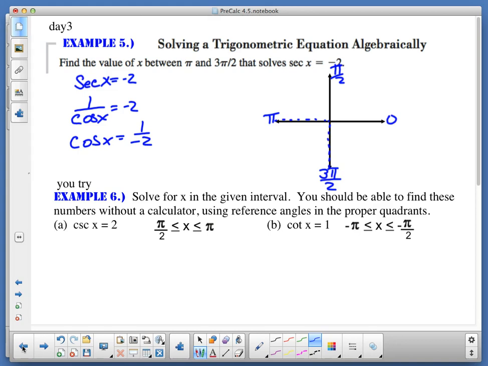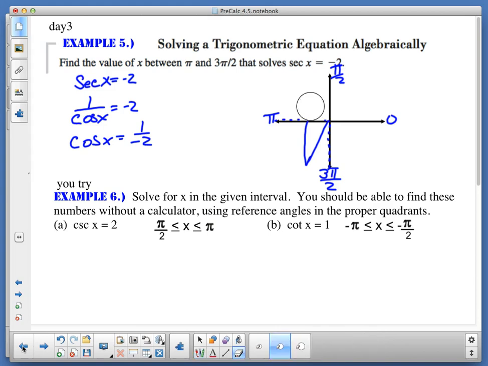Or, if you could just recall the unit circle, what values have x as -1/2 and the radius is 1 if I talk about unit circle? I have some concerned faces on that. So I'm going to go use the unit circle. And I'm saying that this is -1/2, right?